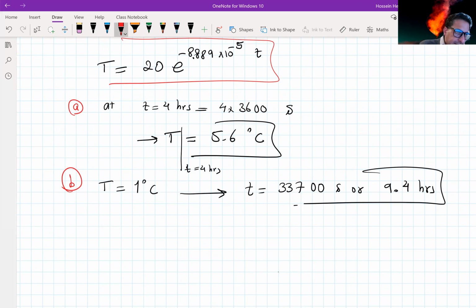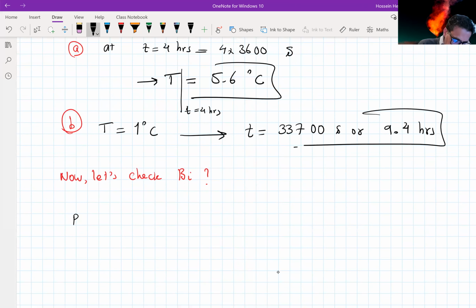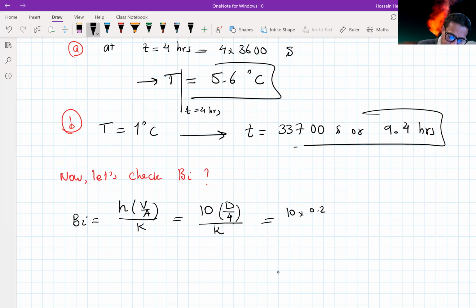Let's check the Biot number. The Biot number is h V over A over k, which is 10 times 0.2 divided by 4, over k, or 0.5 over k.